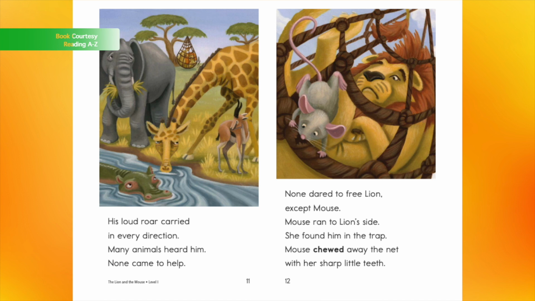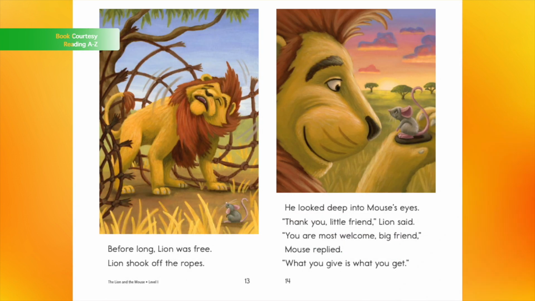She found him in the trap. Mouse chewed away the net with her sharp little teeth. Before long, Lion was free. Lion shook off the ropes. He looked deep into Mouse's eyes. Thank you, little friend, Lion said.